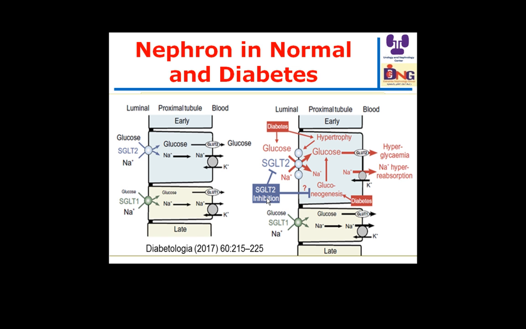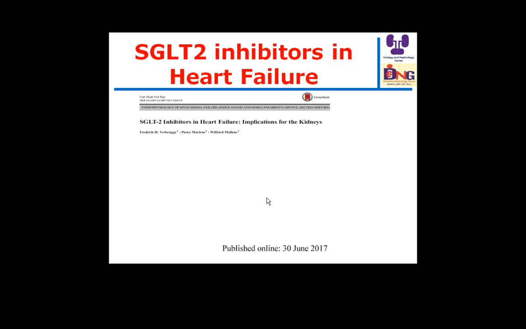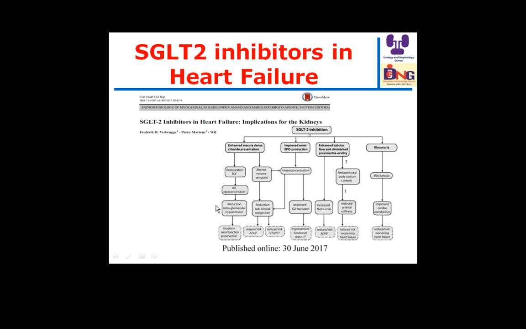In heart failure, here you can find the different mechanisms of action. Here, enhanced macula densa chloride presentation, because when the sodium and glucose reabsorption is reduced in the proximal convoluted tubule, sodium and chloride will reach the macula densa, so it is enhanced.